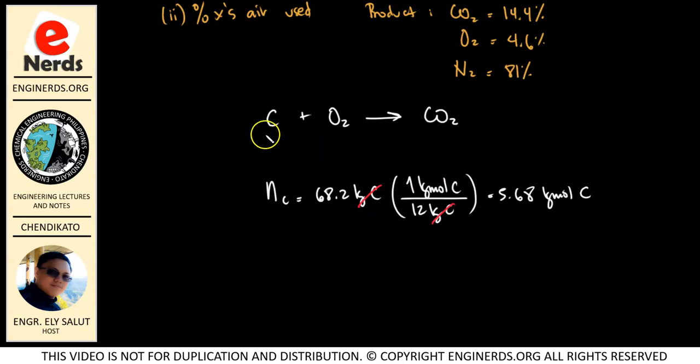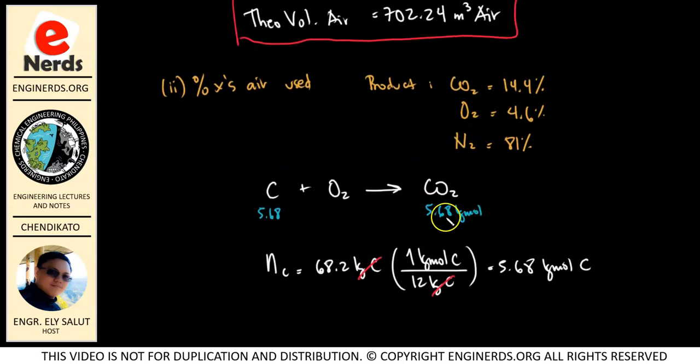So we have 5.68 kilogram mole. So 1:1 tayo, so that means our CO2 is also 5.68 kilogram mole, di ba? So if we have 5.68 kilogram mole, and that is 14.4% ng ating product. Okay, so this is our product.